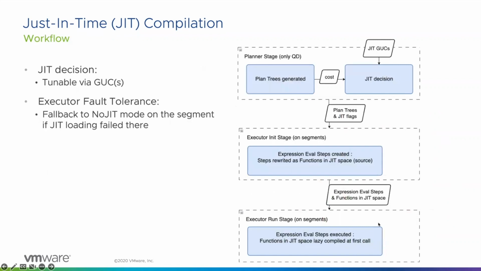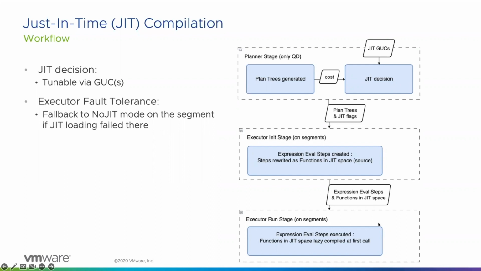The internal workflow of JIT is divided into three parts. First, in the planner stage, the JIT decision is made based on the query's cost and recorded in the plan statement. Then in the executor init stage, the expressions in plan trees are converted into meta instructions called steps.